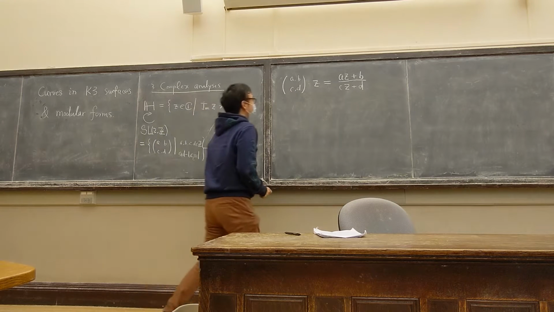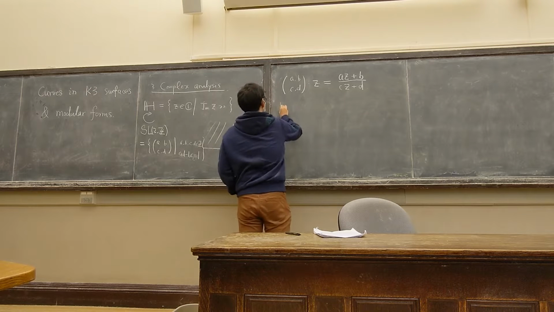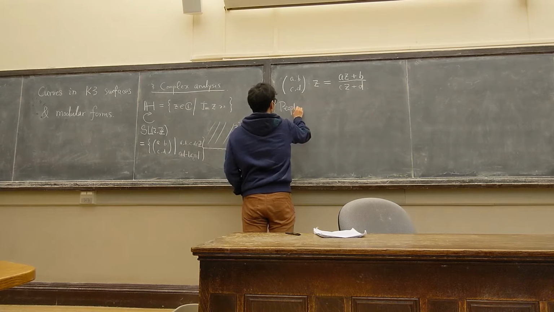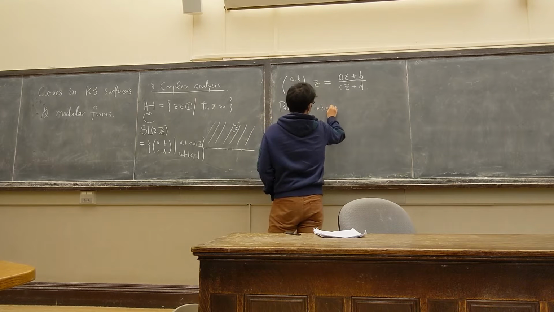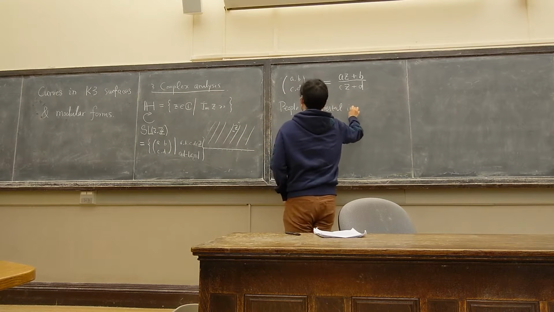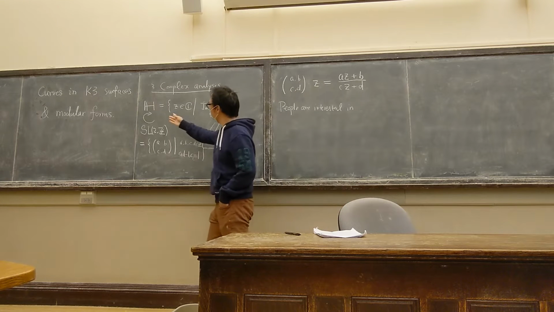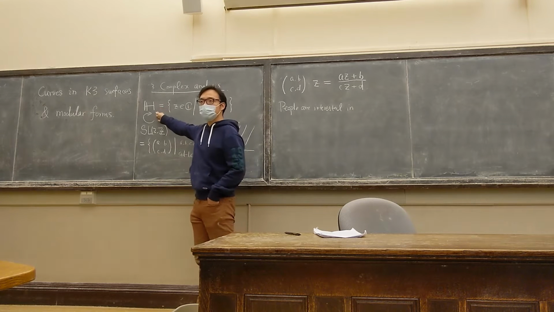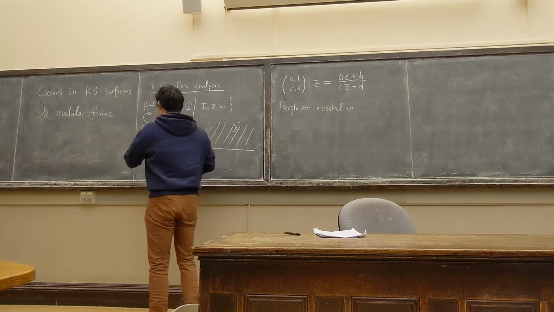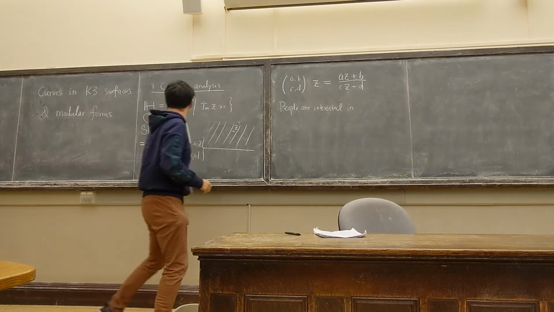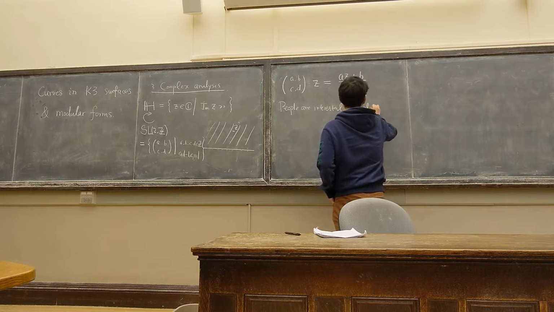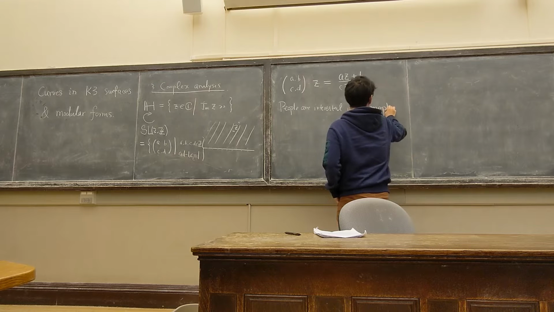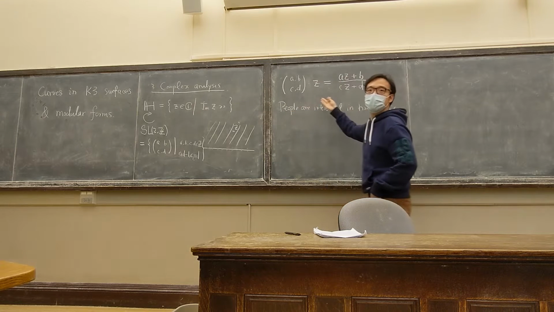Okay, but people, for some reason, are interested in certain holomorphic functions on H, which satisfy some symmetry properties given by this SL2Z. Well, here by people, I mean mathematicians.